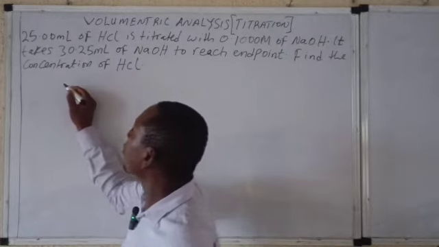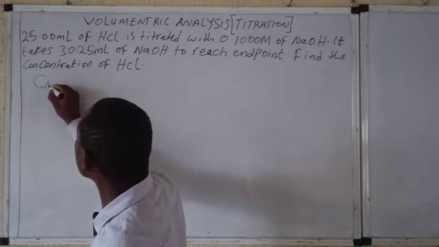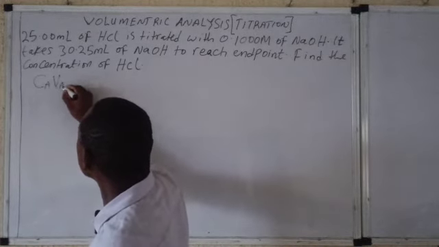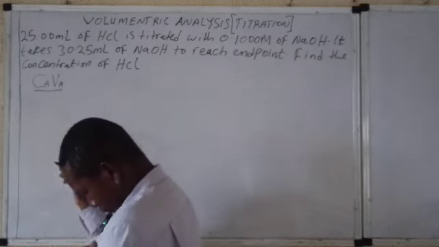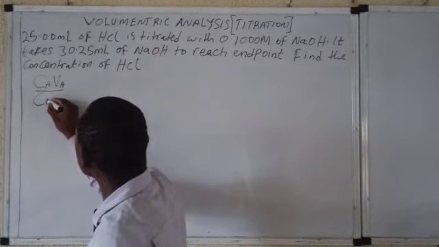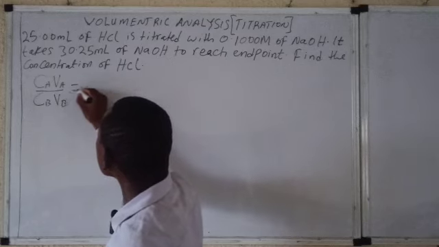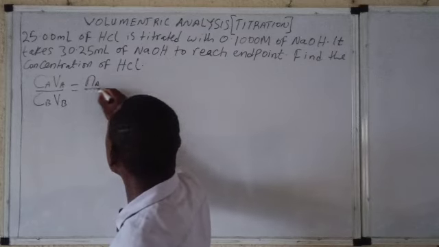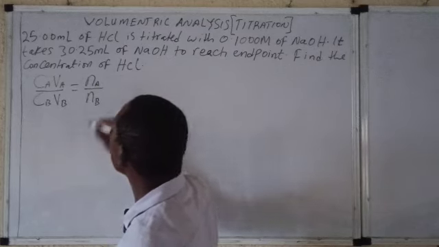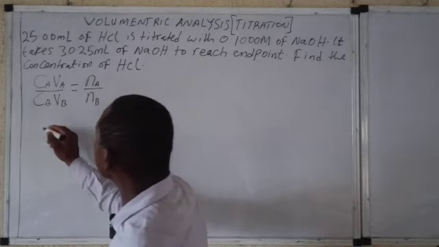Now, the common formula is actually CaVa over CbVb, which equals Na over Nb. Now, note, what is Ca?